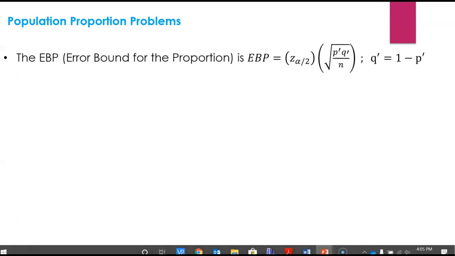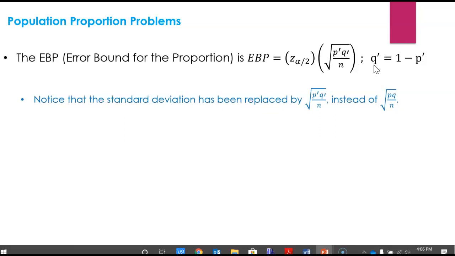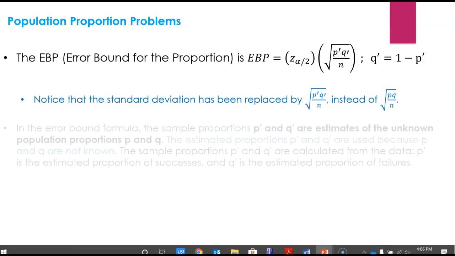The error bound for the proportion is given by this formula, which is similar to our others, but again, here we have z of alpha over 2, which is our z-score for a standard normal distribution, but we're going to replace our sigma over root n by the square root of p prime q prime over n, which we saw in the last formula, where q prime is 1 minus p prime. Notice that the standard deviation has been replaced.